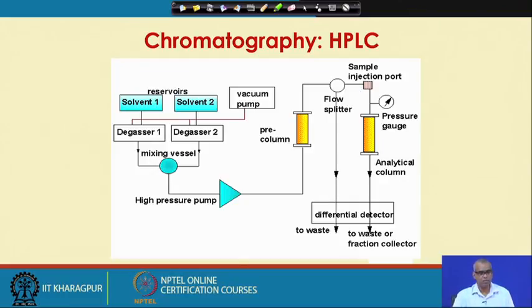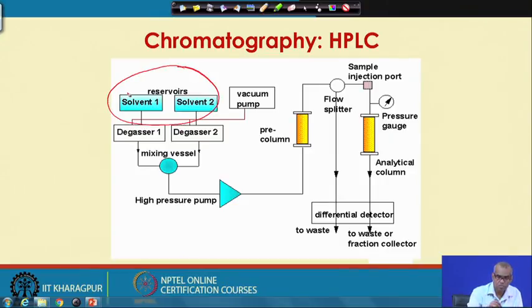Again, another schematic. You have the reservoirs for the solvents. It is passed through degassers. Solvents must be degassed. You mix them. You have the high pressure pump because the mobile phase is passed at high pressure.